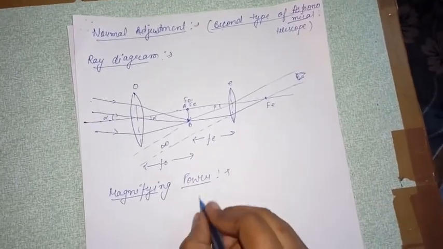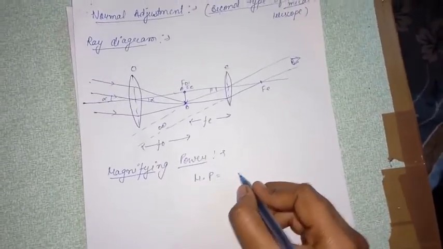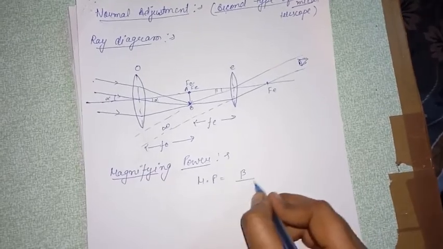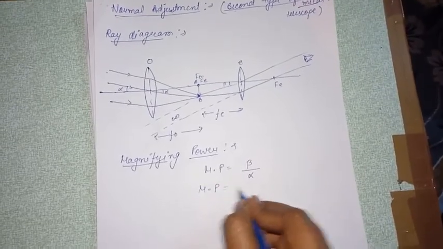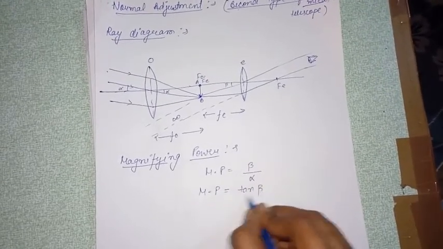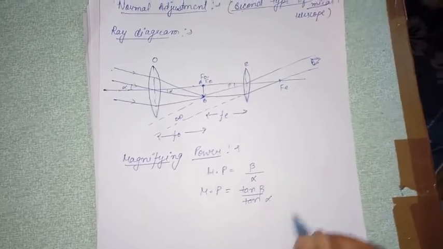Magnifying power is what? Magnifying power is the angle subtended by the image to the angle subtended by the object. So we take its tangent. Magnifying power is equal to tan beta upon tan alpha.